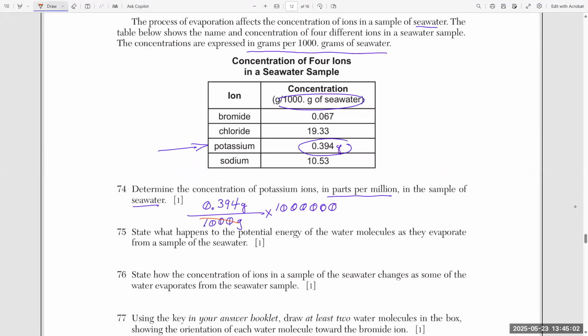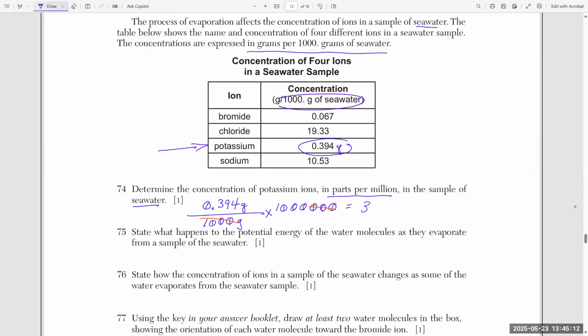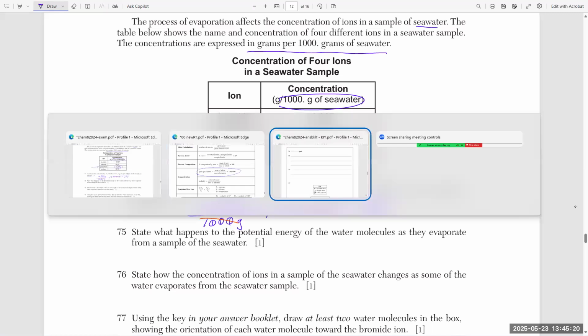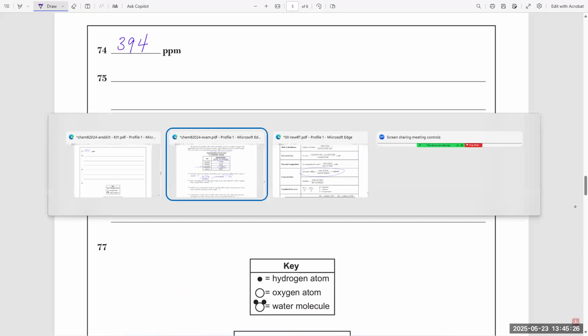What's multiplication by 1,000? You move the decimal 3 places to the right, which means it's 394. And what else? You go over here and write 394 parts per million, and we're done. Let's go to 75.